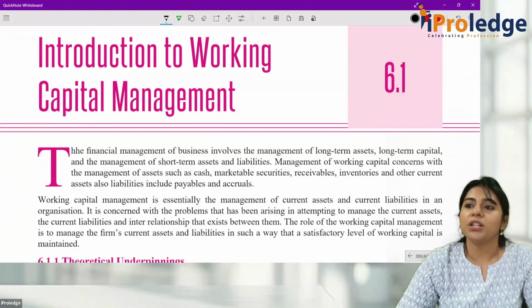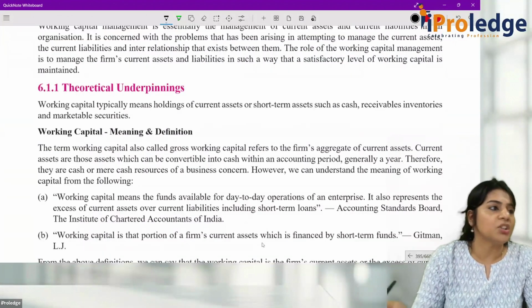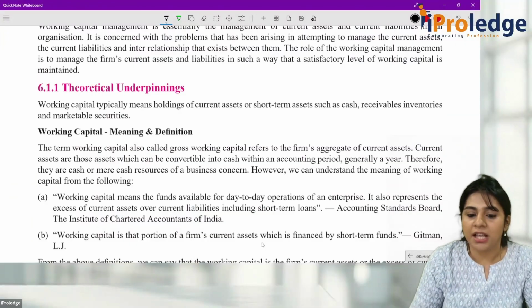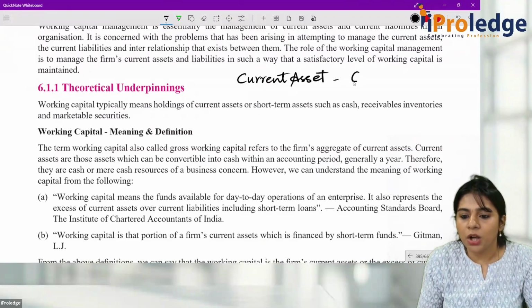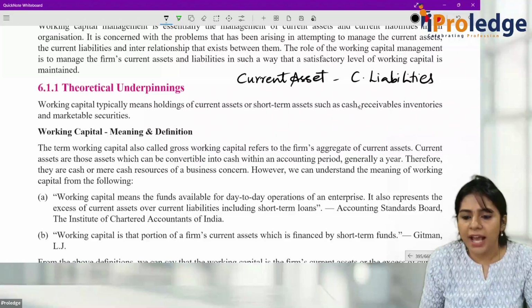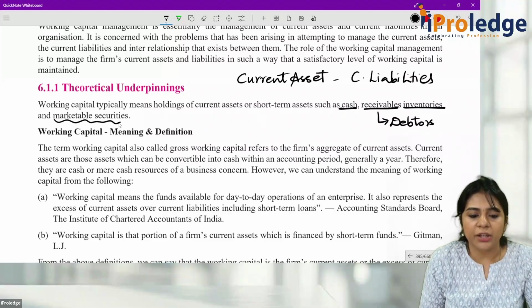Okay, you already know what is the meaning of working capital management, don't you? Working capital, as we've already studied in the earlier topics, what is working capital? Your current assets minus your current liabilities. And what does your current asset include? Your current asset includes your cash, your receivables. Receivable means your debtors. Okay, your inventories, your marketable securities.